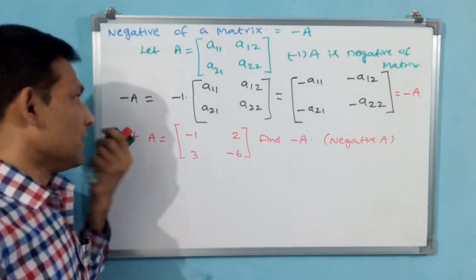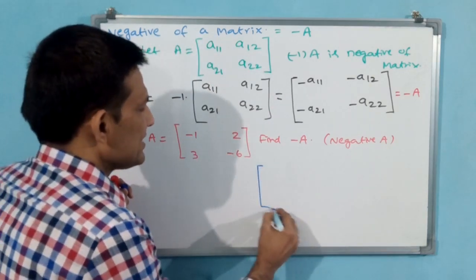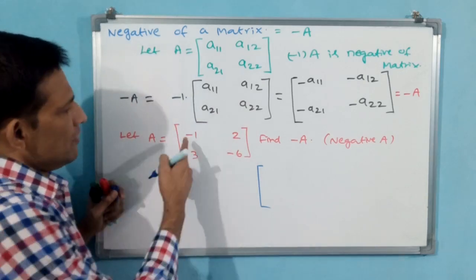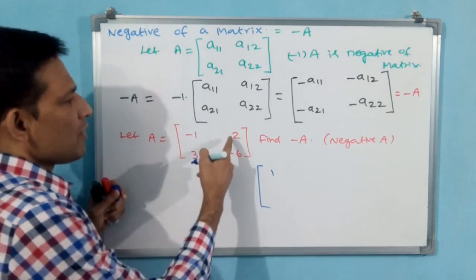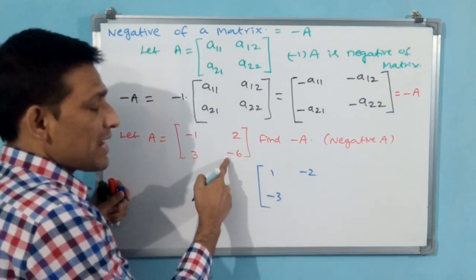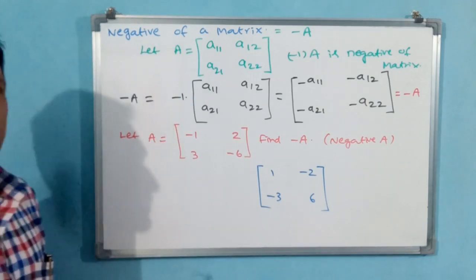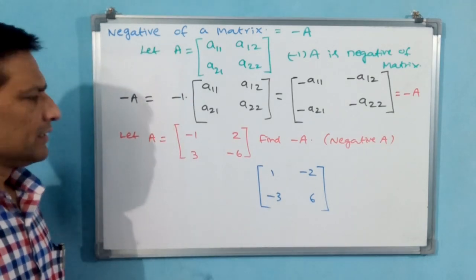Okay. See, now rather than going through an elaborate procedure, shall we write it directly? Minus 1 is there, means plus 1. 2 is there, means minus 2. 3 is there, means minus 3. Minus 6 is there, means 6. Is this the negative A? Definitely. Why?